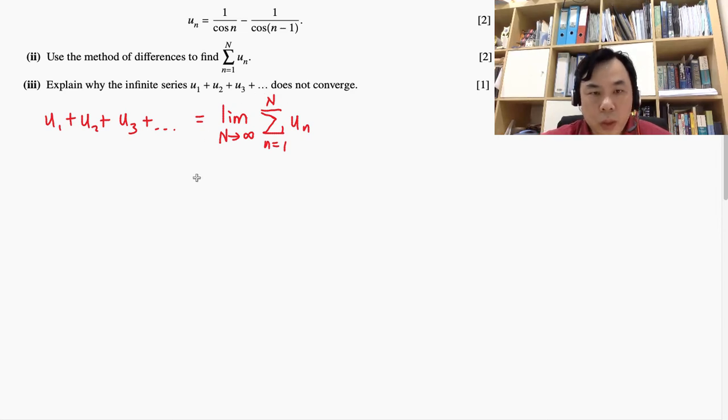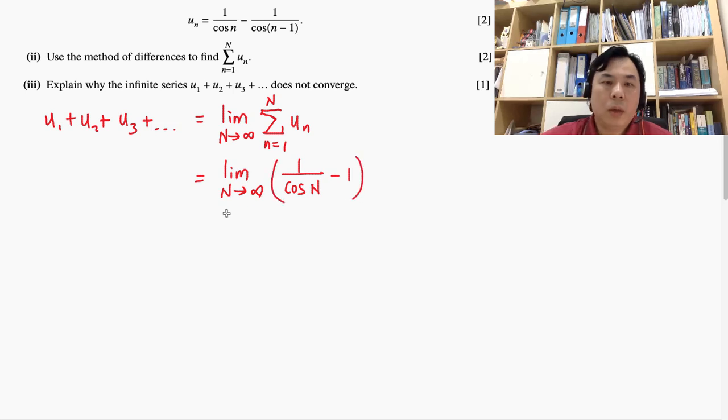And then we know that we have obtained the expression for this summation series. So therefore, as n approaches infinity, the summation of this series is given by cos n minus 1.